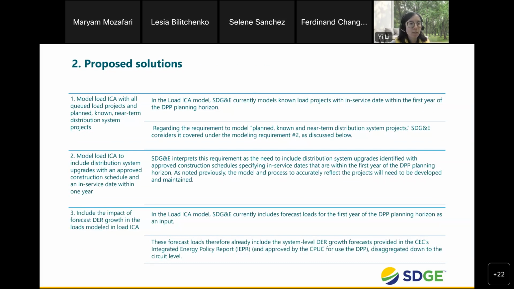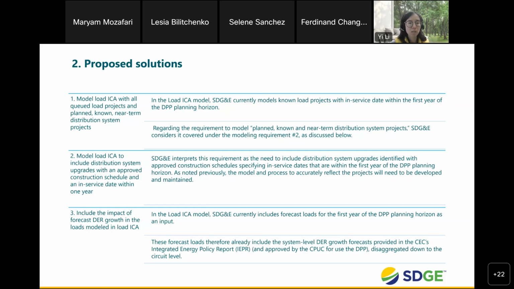Next, I'll provide an overview of what SDG&E is doing for each of the 5 modeling changes. Starting with the first one, where the model needs to be updated to have all the known load projects and the planned, known, and near-term distribution system projects. Currently in the Load ICA model, we already model the known load projects with in-service dates within the first year of the DPP planning horizon.